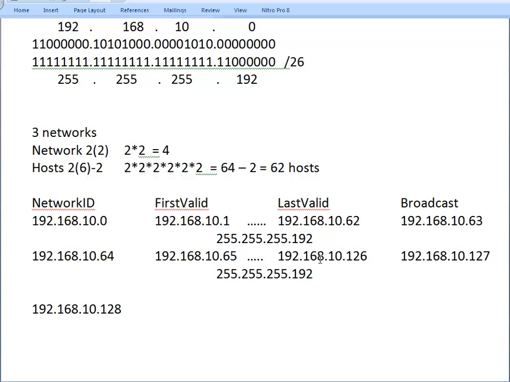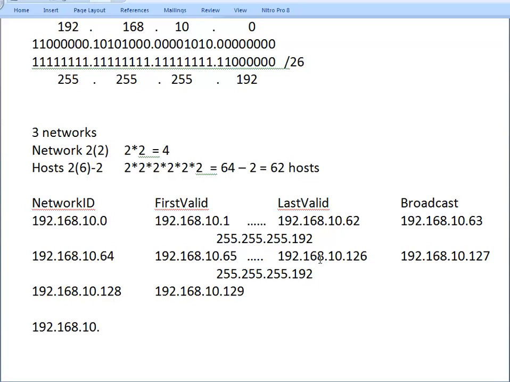Okay. Now the third network starts with 192.168.10.128. The first valid address is the network ID plus 1, which is 192.168.10.129. Again, to find the last valid address and broadcast, it's easy if you find the network ID of the fourth network, which is going to be 192.168.10. That doesn't change.